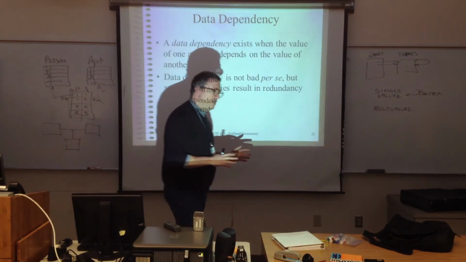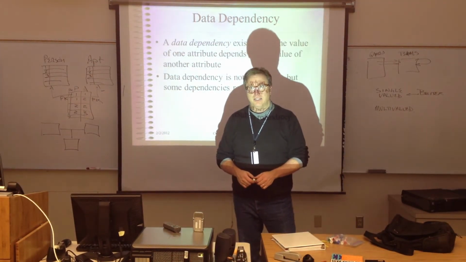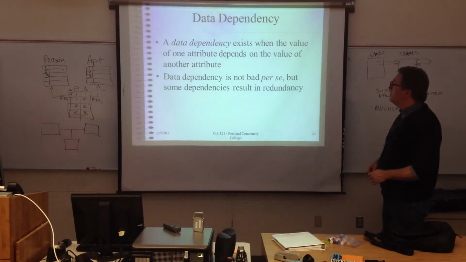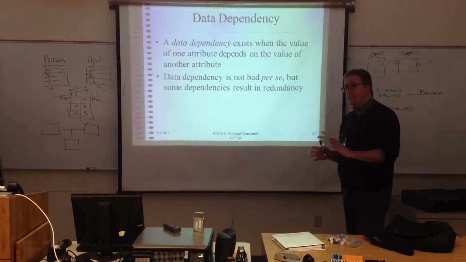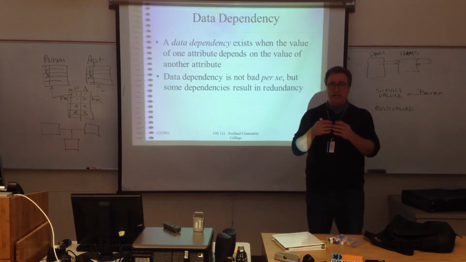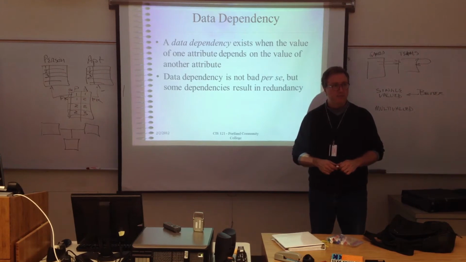Now something that is new in this presentation, in this discussion, is something called dependency. Now we've already seen a dependency that is in every table, and that is the record depends on the primary key. That primary key is unique.